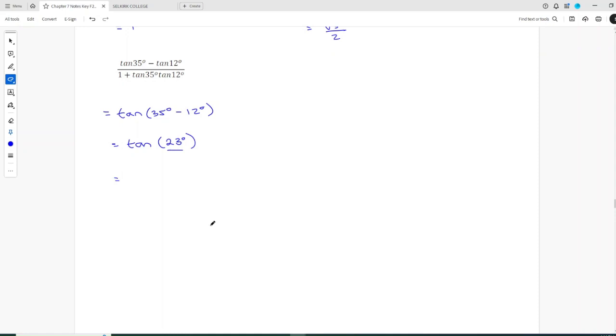So I'm going to plug in the tan of 23, and I get 0.4245. And I kind of like it because it's all reminders of chapter 6 for what's going to be coming up a little bit later in chapter 7.